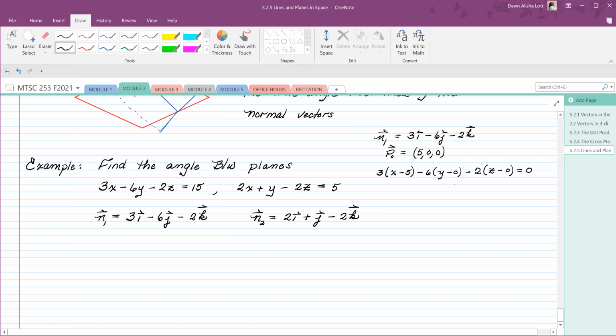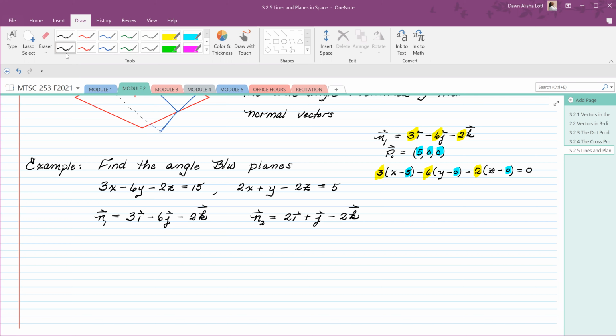So that's the equation of the plane. You take the coefficients of the normal vector and then you take the value of the point, and you make that equation.